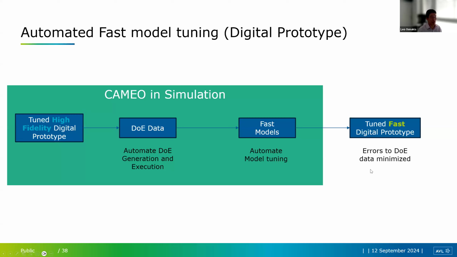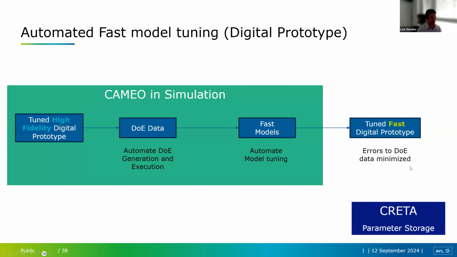In this case, running cycles, like I said, you're looking at the output traces of the cycles, and the output trace from this model and this model should be as close as possible. And of course, you can use Krita to store your parameters for the digital twins.